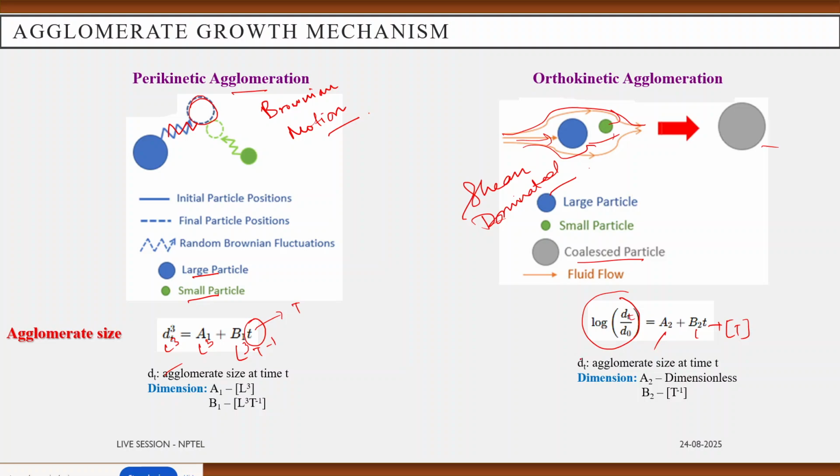Here the agglomerate size at time t is denoted by dt, so we can also calculate the agglomerate size using the orthokinetic agglomeration mechanism.